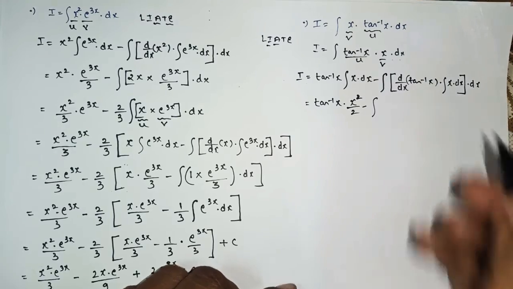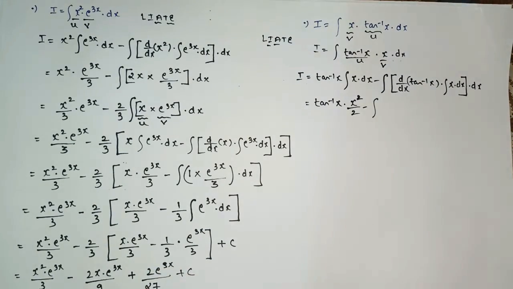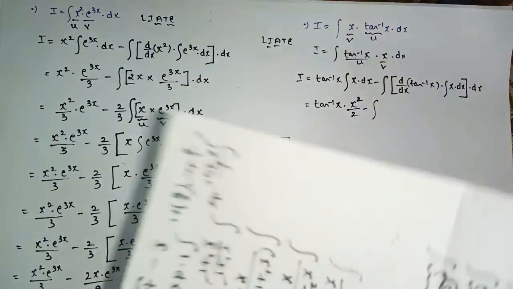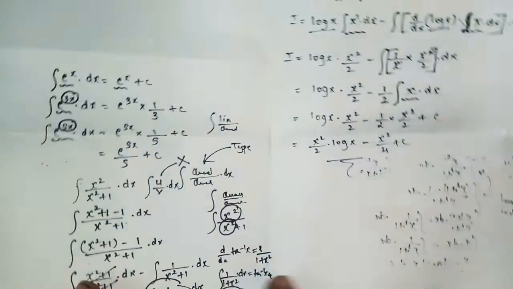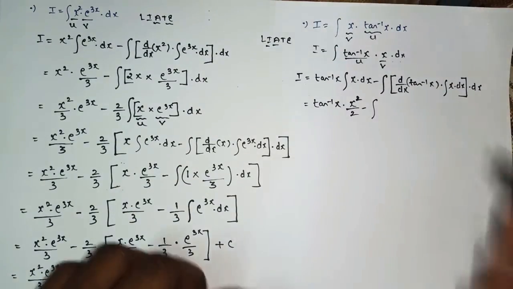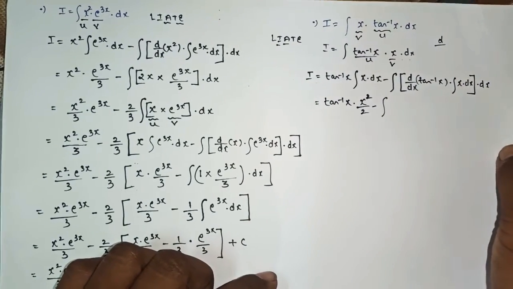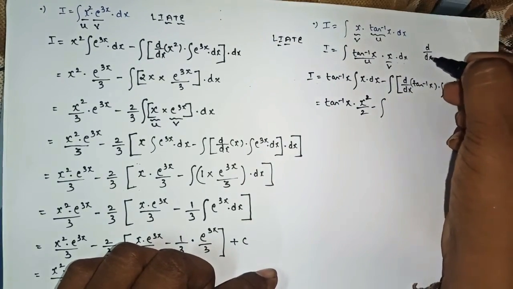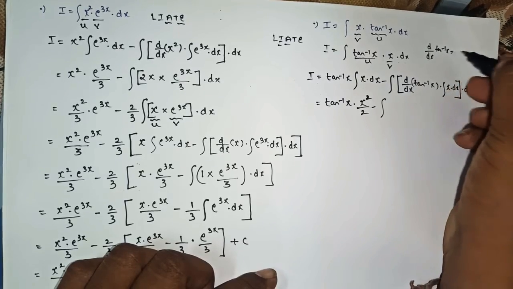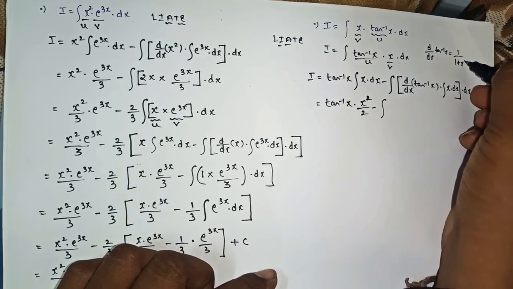Minus derivative of tan inverse. Okay, so what is the derivative of tan inverse? We know that the derivative of tan inverse x is 1 upon 1 plus x square.